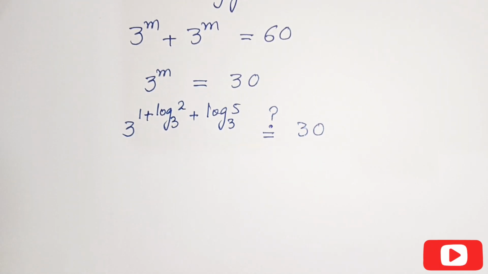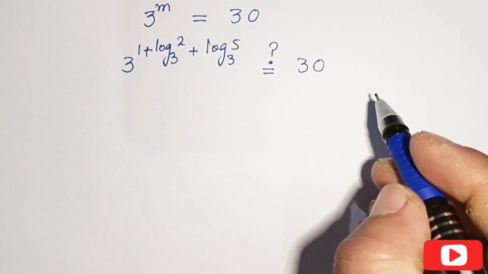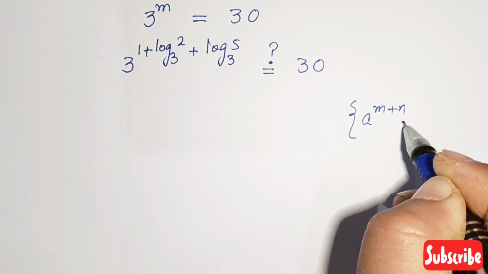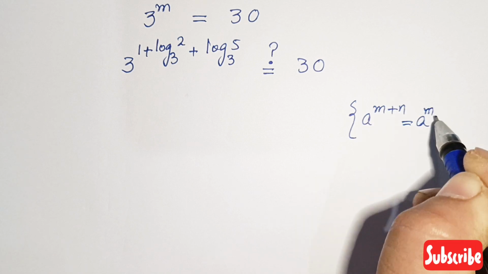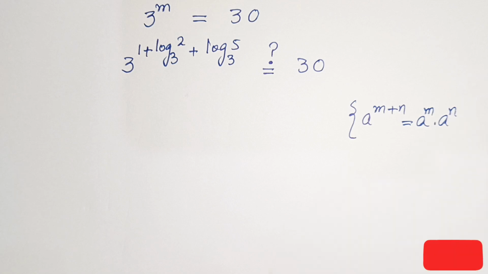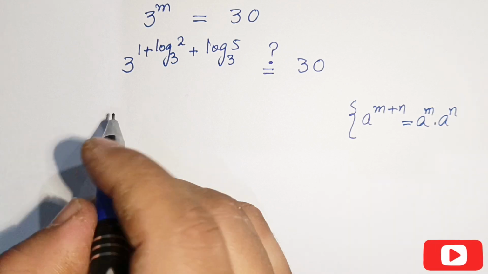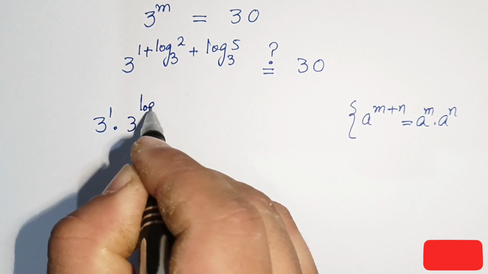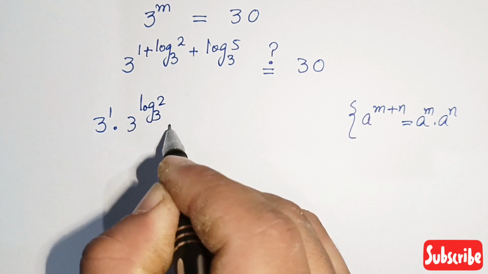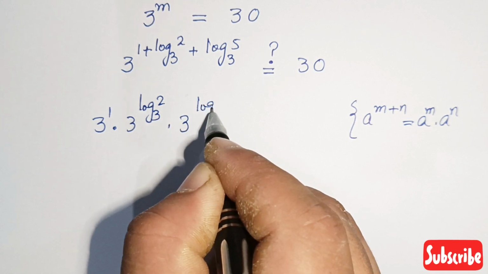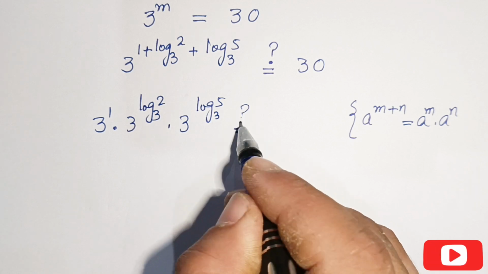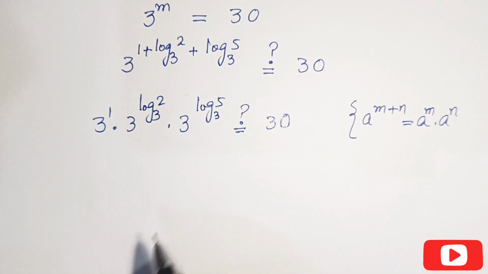As we know by exponential laws, if we have a to the power m plus n, then it is equal to a to the power m times a to the power n. Now this will be 3 to the power 1 times 3 to the power log 2 to base 3 times 3 to the power log 5 to base 3. Is it equal to 30?